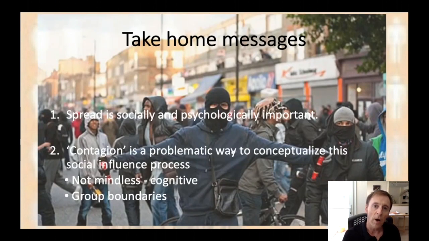So let me move on to my take-home messages, and I've divided them into 4. So the first message is to acknowledge that spread of behaviour is socially and psychologically important across a range of phenomena, from the macro to the micro, from the objective to the experiential. It's important to explain.